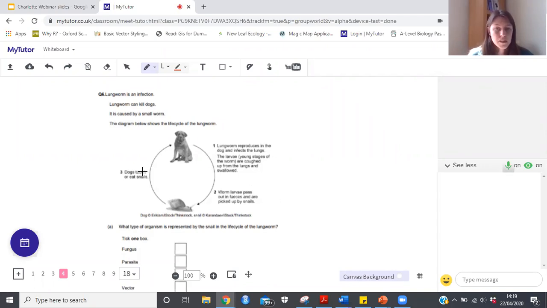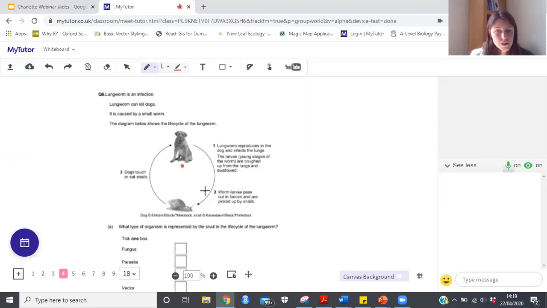So we've got 3 parts here. Part 1, lungworm reproduces in the dog and infects the lungs. The larvae, young stages of the worm, are coughed up from the lungs and swallowed. Stage 2, the worm larvae pass out in feces and are picked up by snails. So they've passed through the digestive system there, come out in feces, and they're picked up by snails.